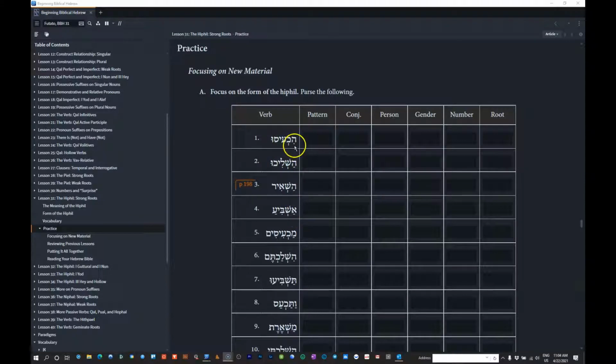But this I/E class vowel versus the A class vowel is going to be a really strong determiner between whether you're in a perfect conjugation or you're in the imperfect family.